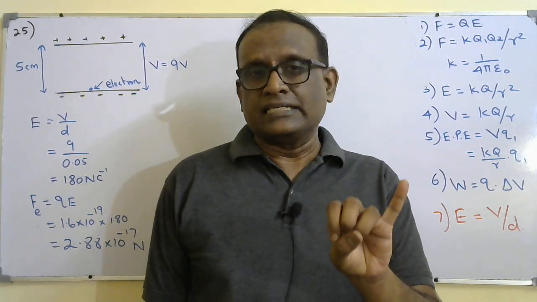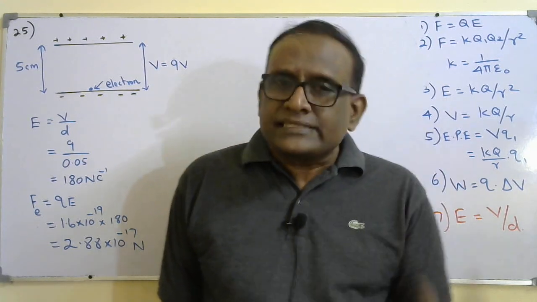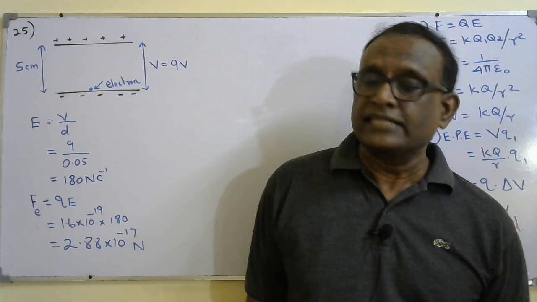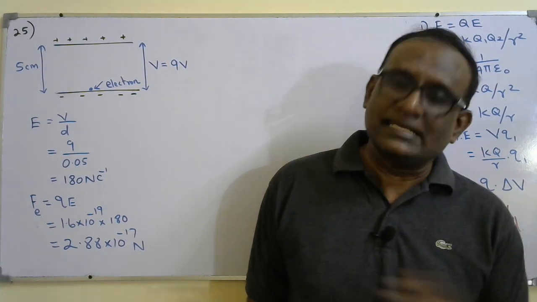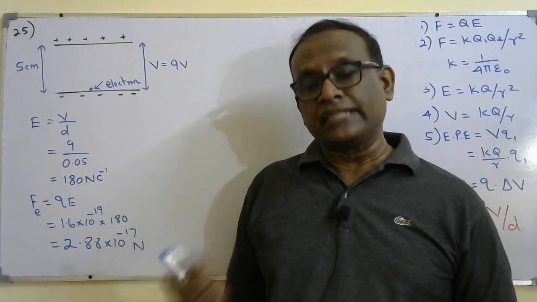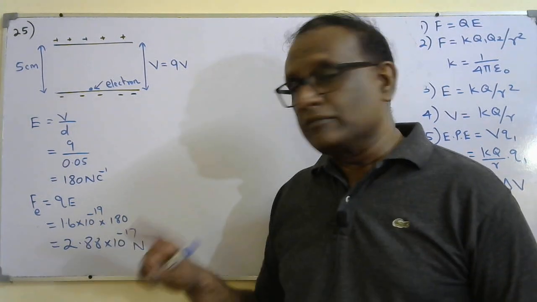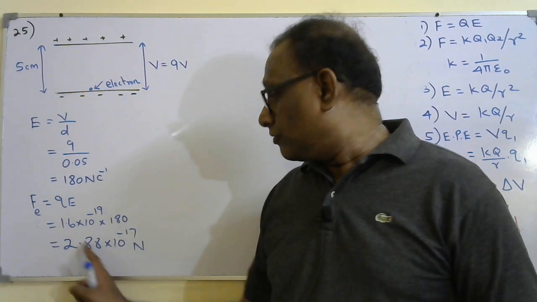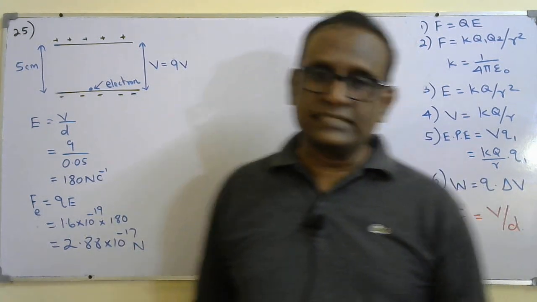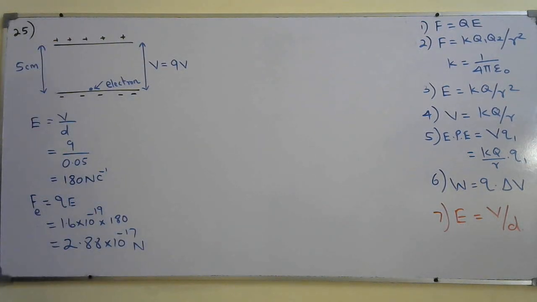The weight is much smaller compared to the electrostatic force exerted on it. If you want, you can consider it, but it's unnecessary; there won't be any change. The mass of the electron is 9.11 × 10^-31; if you multiply by 9.81 and compare that weight with the electrostatic force, it's much smaller. So don't consider the weight of the electron. The resultant force is only due to the electrostatic force.